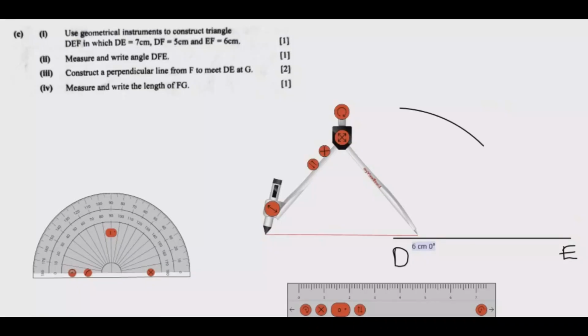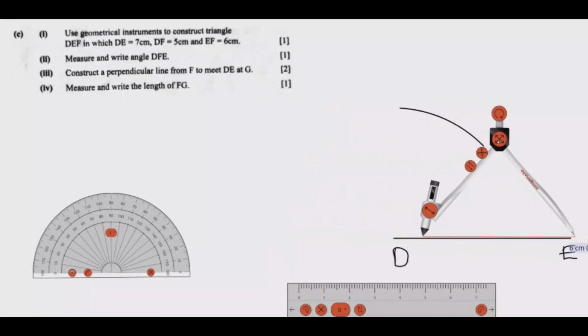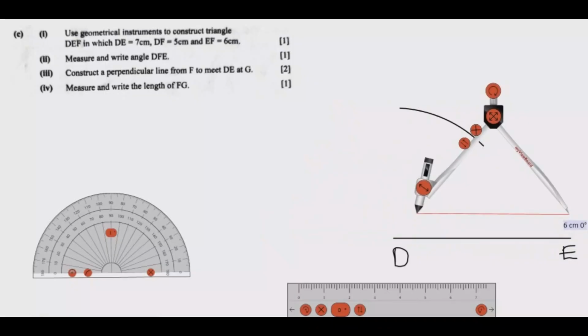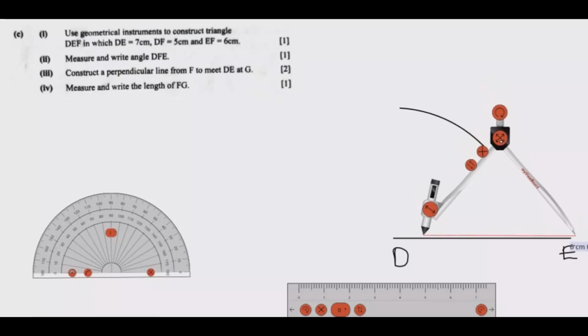Now you can see that on the metal side of the compass, it's written 6 centimeters. Okay, that is how it should be. That means I've taken the actual measurement.